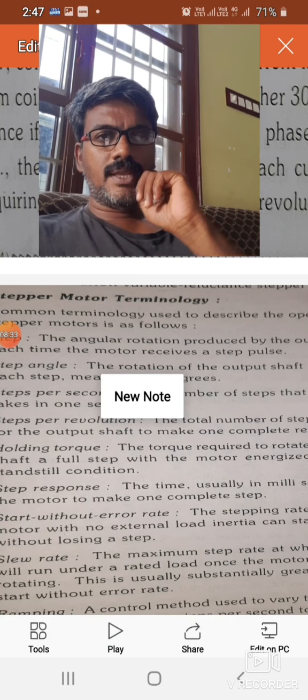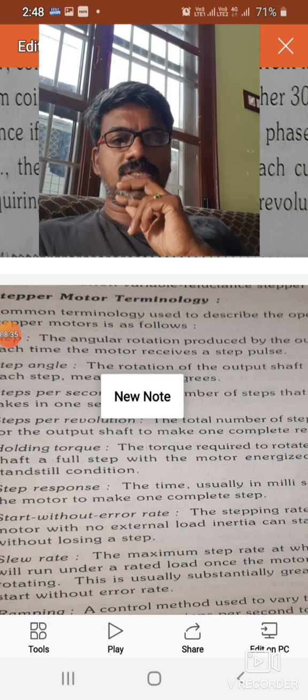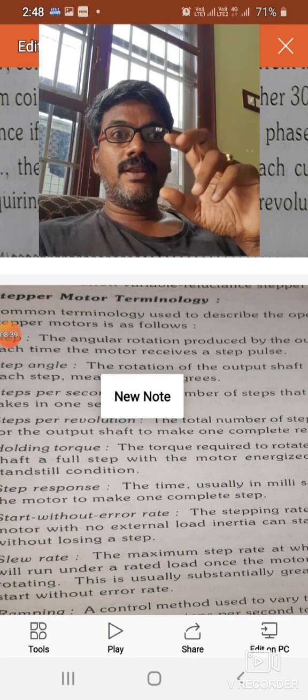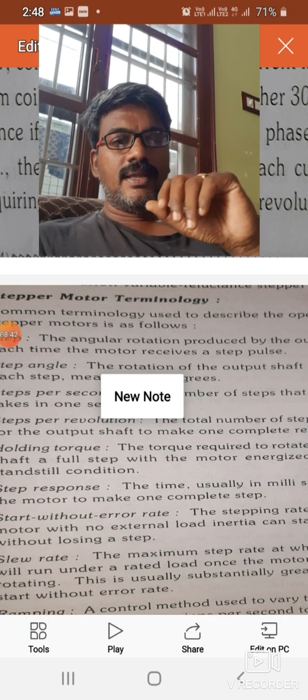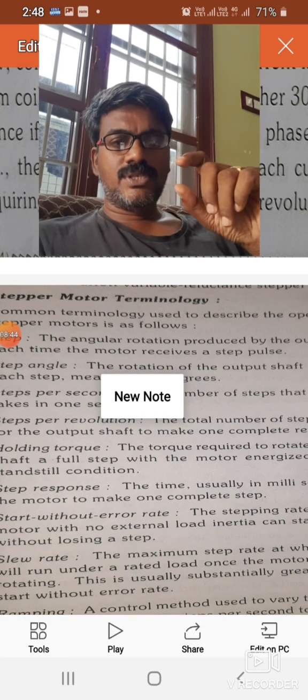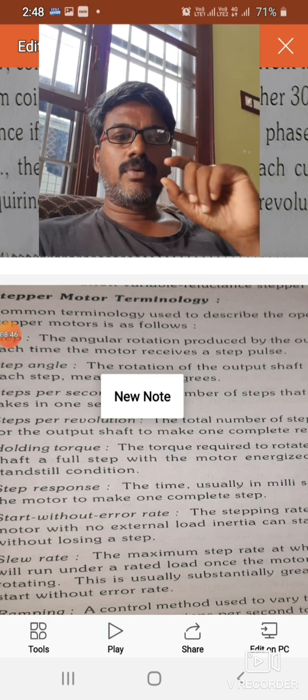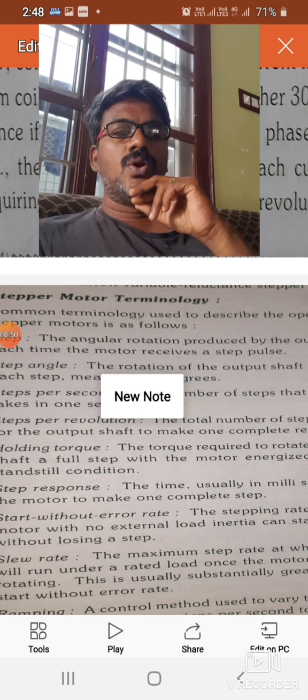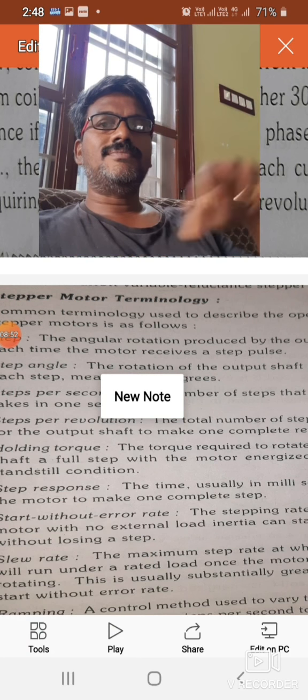Next, steps per revolution. How many steps are required for one revolution? It is the total number of steps required for the output shaft to make one complete revolution.